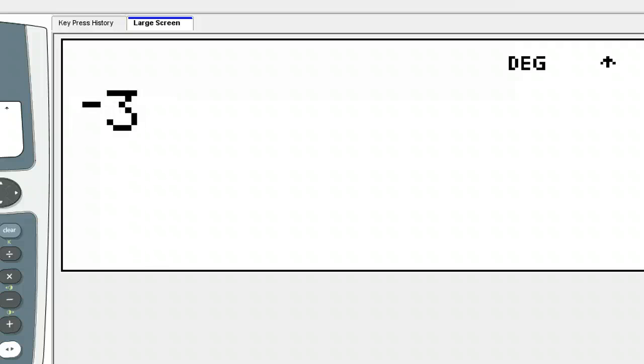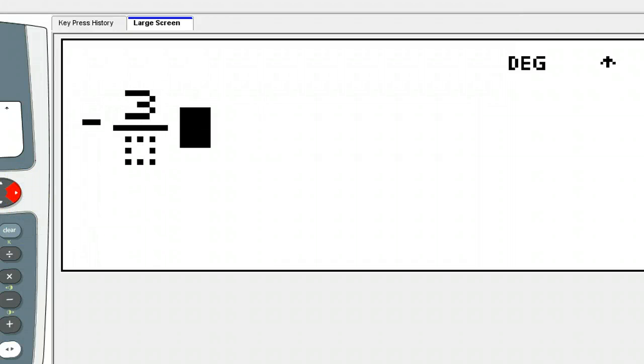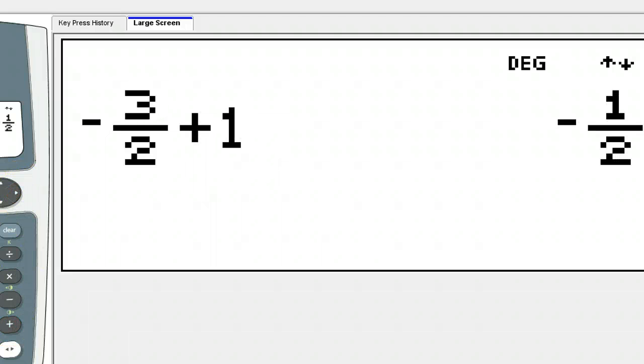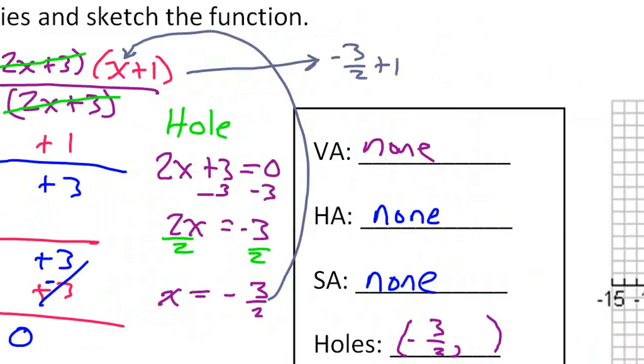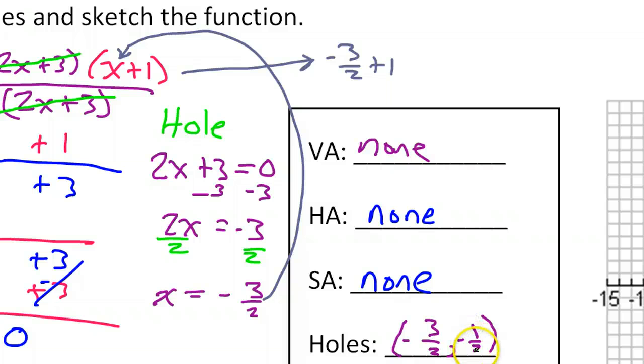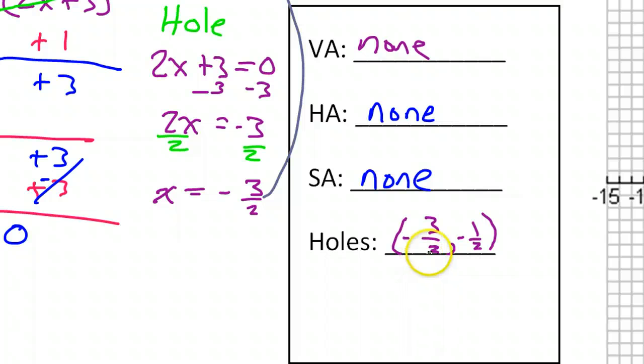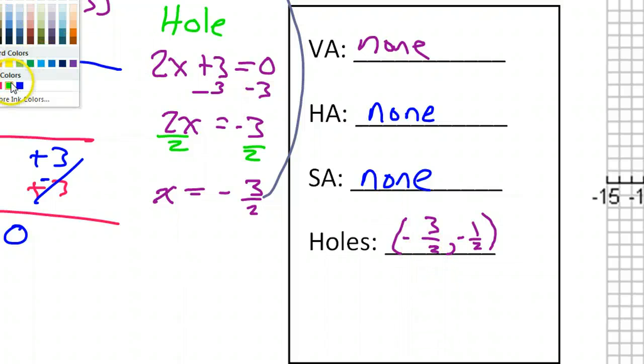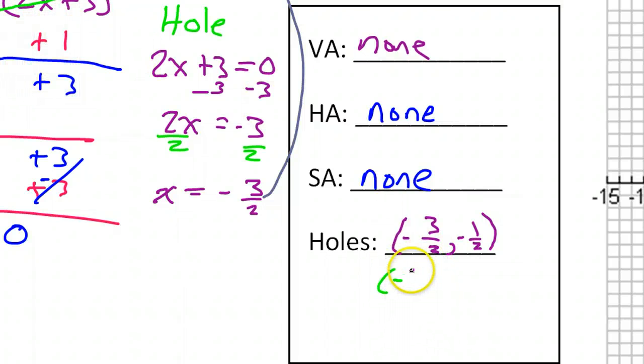Negative 3 over 2 plus 1 is negative 1/2. So that's the y value. So I have a hole at negative 3 over 2 comma negative 1/2. For graphing purposes, let's think of this as negative 1.5 and negative 0.5.